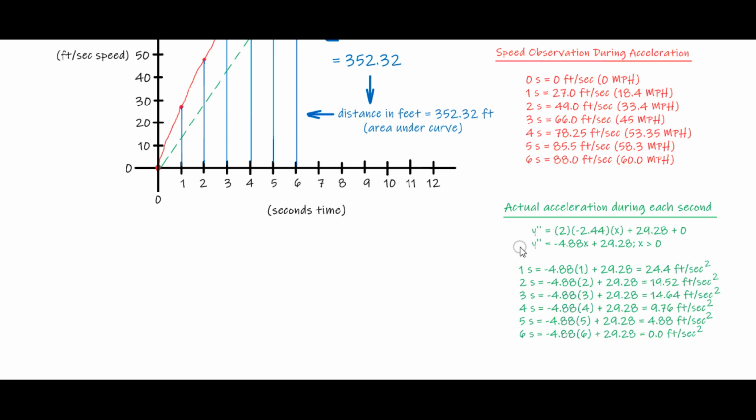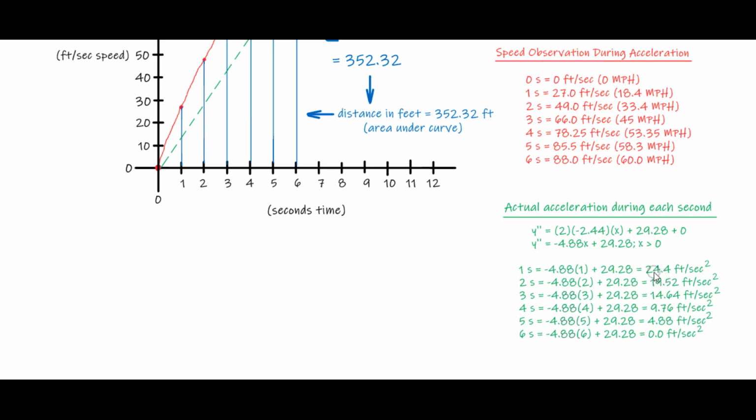We cannot include 0 in the x metric because the acceleration starts at the end of 0. So it's 1 to 6, not 0 to 6. So when we go ahead and substitute the time limits from 1 second to 6 seconds for x, we then get a vastly different acceleration per each given point in time.